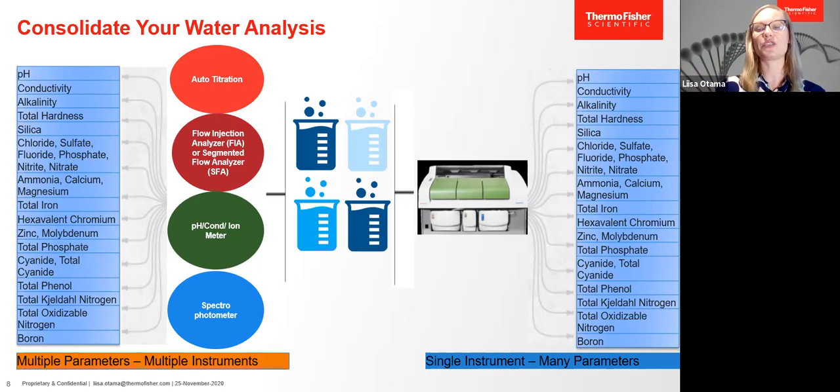On the right-hand side, we have a single instrument, the Gallery analyzer, and we have an equally long list of parameters that can all be done with this one single instrument. This is how you can simplify and how you can improve your efficiency, consolidate your water testing.